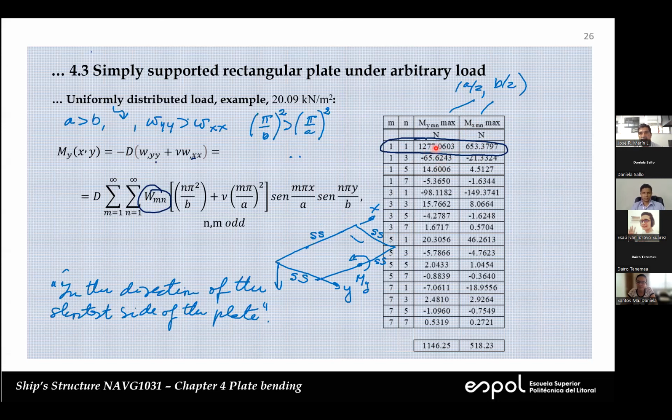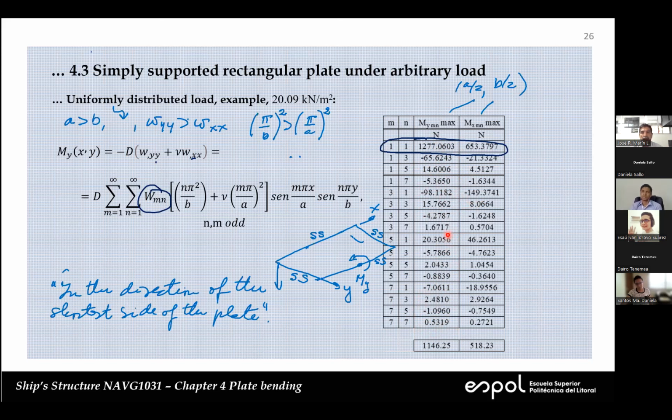See that the first term is to this value, and the last one here is about 1,000 times smaller, or at least 500 times smaller than that. So this is very small compared to this one. Now here I have 65, 14, here and 90. So this decreases, but not as fast as W. Okay, so we have to be careful with that.